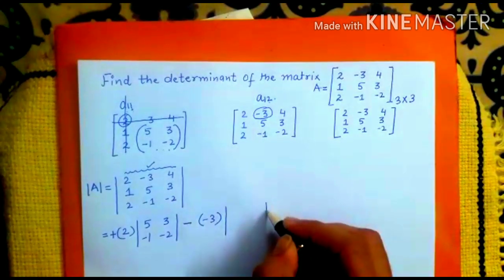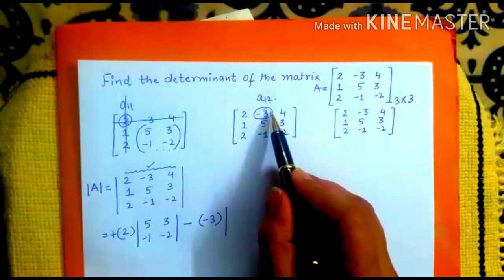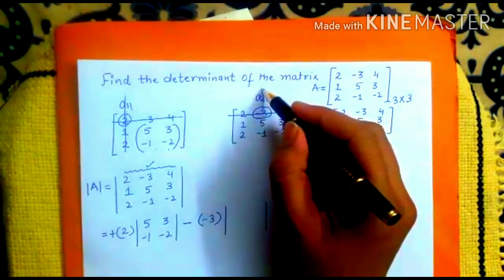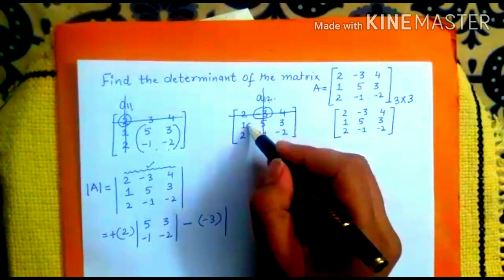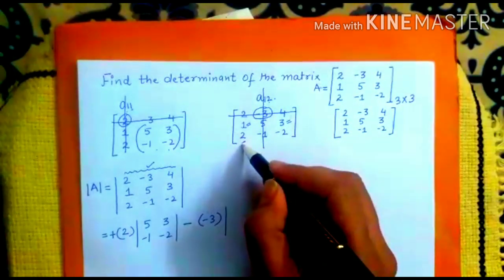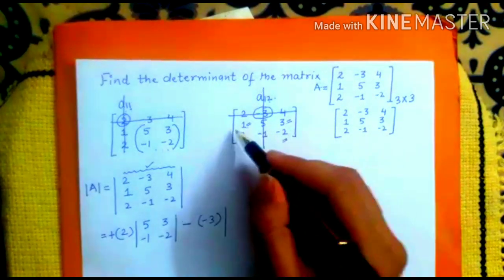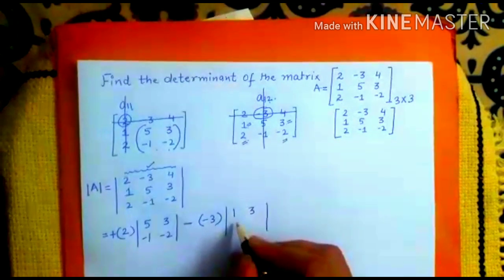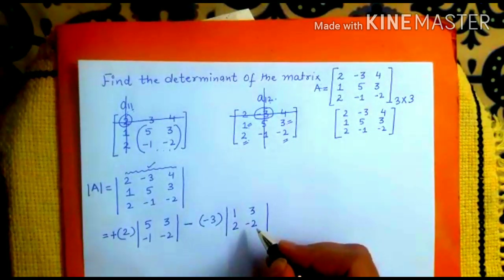Now again, delete the row and the column in which this element lies. So I delete the first row and the second column. And I am left with the submatrix with elements 1, 3, 2, minus 2. I have to compute its determinant. So I write this as determinant 1, 3, 2, minus 2.